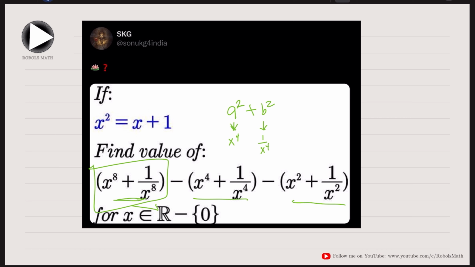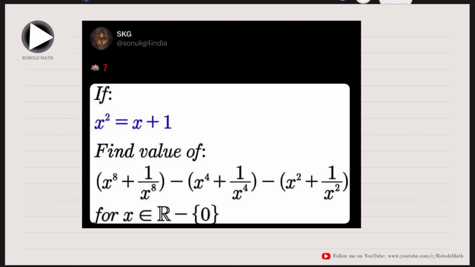So this is the property we'll try to exploit, and that should apply to the three of them. For the first one, it's the 8th power, the second one is the 4th power, and the third one is the second power. So let's do this.